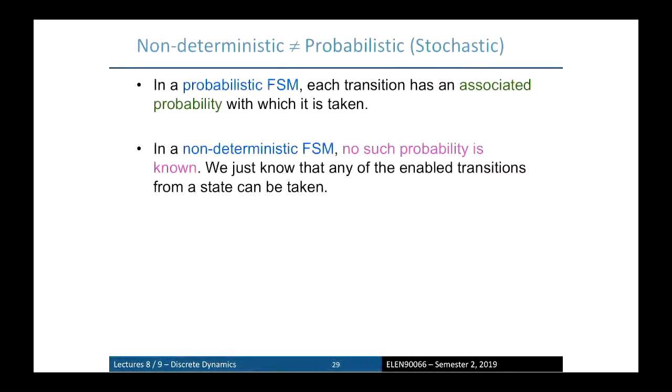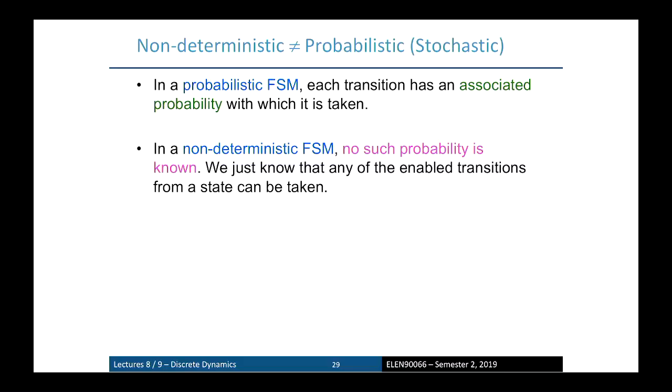Now, one important point I have to make is that non-deterministic does not mean stochastic. Okay? Some people think the opposite of deterministic means, well, it must be stochastic then, it's probability based. Not in this case. Non-deterministic means we just don't know which path to follow.